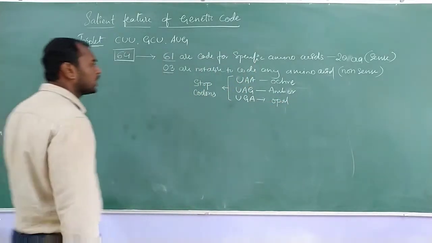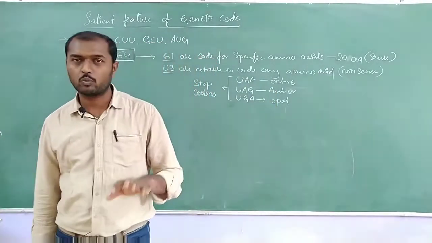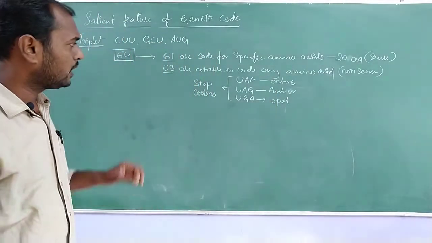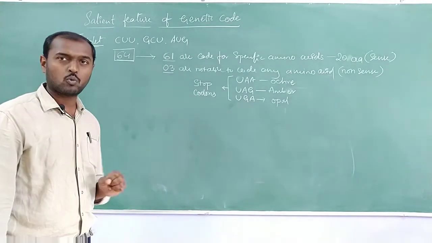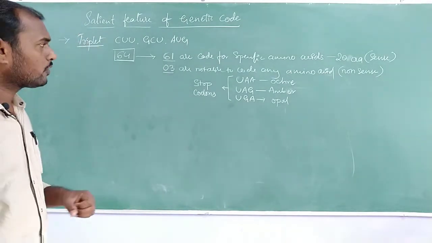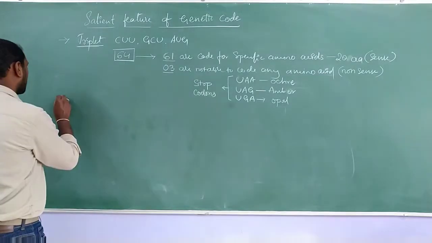There are three. ಇದನ್ನ OAO ಅಂತ ಹೇಳಿ ಕೂಡ ನೆನಪಿಡಬಹುದು. UAA, UAG and UGA. These are the three stop codons that we are going to get among the 64 codons. This is the first property.